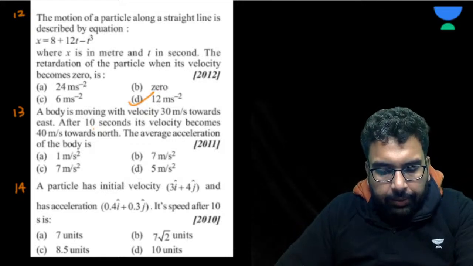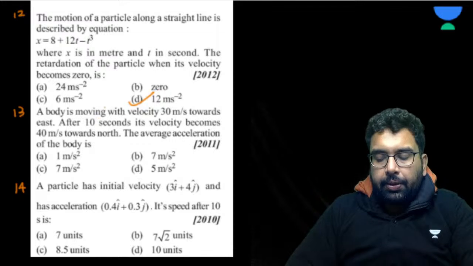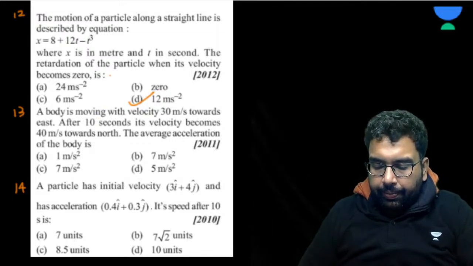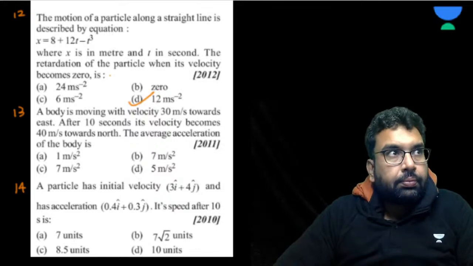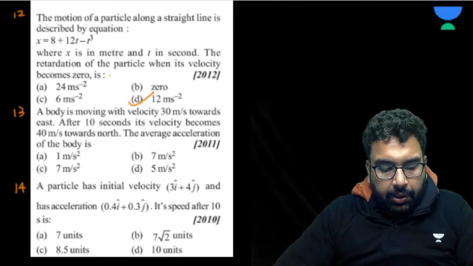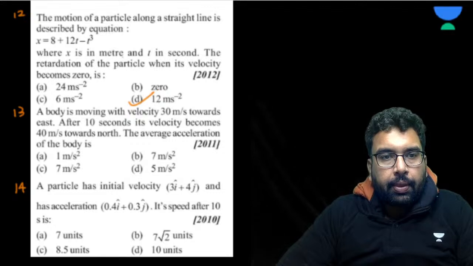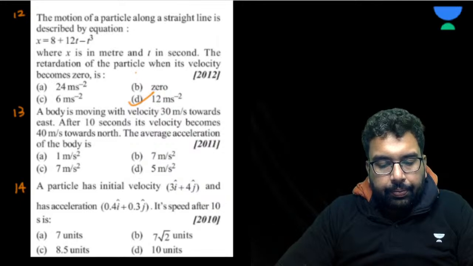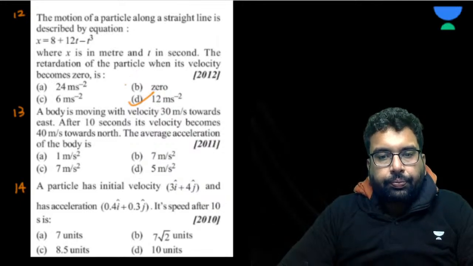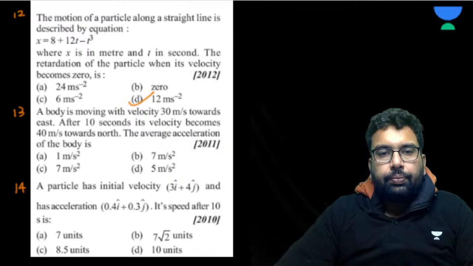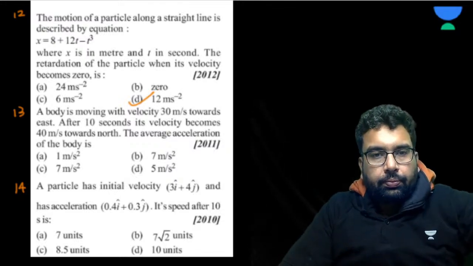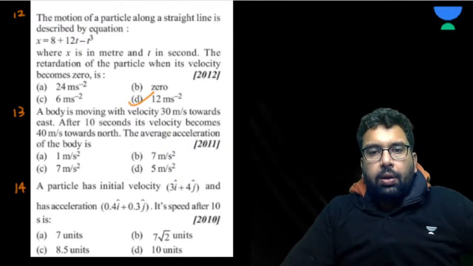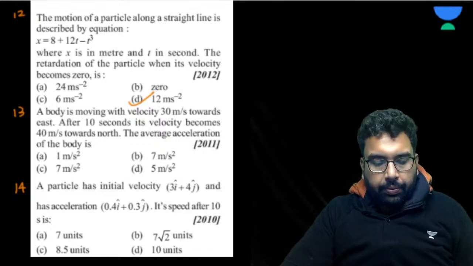Question number 13. Please try solving it. Question number 13. Yeah, waiting only. Come on, let's do it. All the live students, please try answering the question.